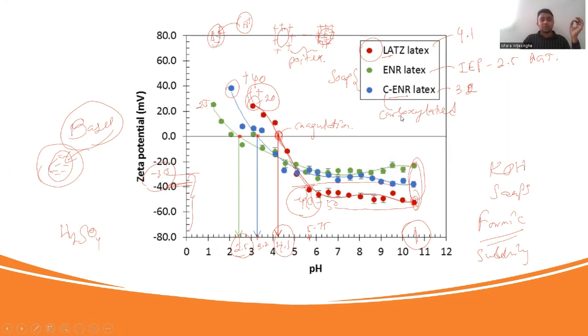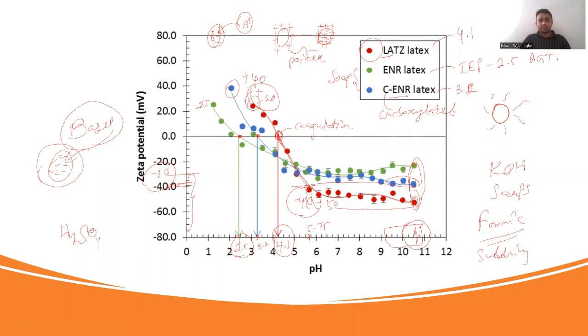That is due to the tethering of carboxylated compounds. When you carboxylate the latex, you have these types of structures, so then you will have a high zeta potential value at the stable pH levels. Okay, I think it is clear to you.